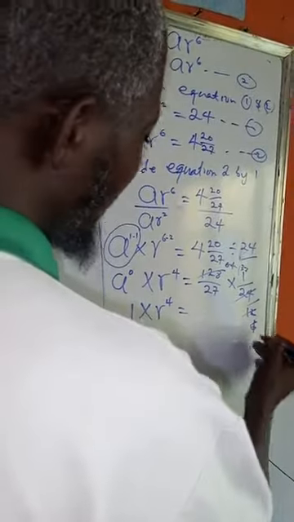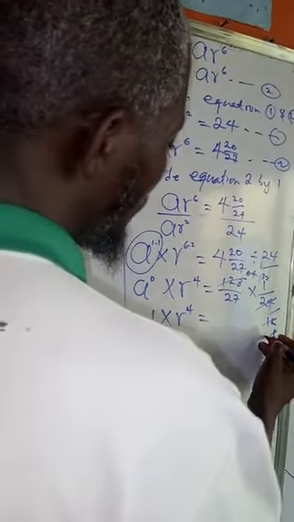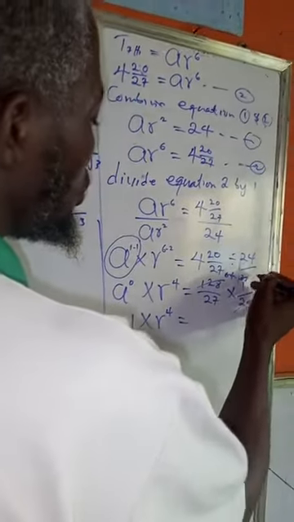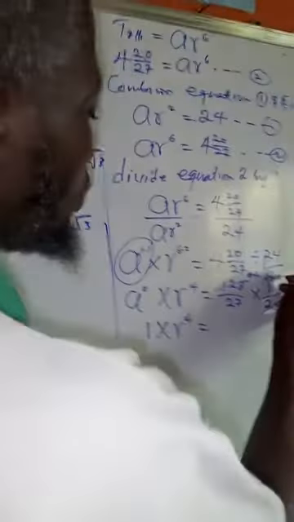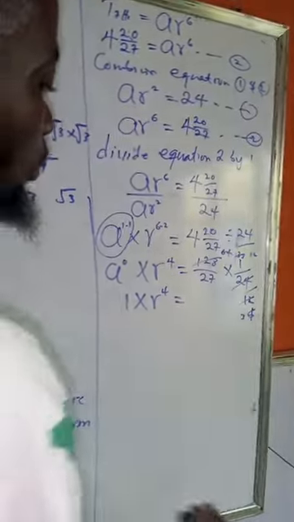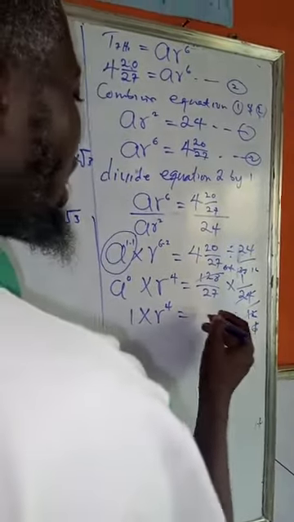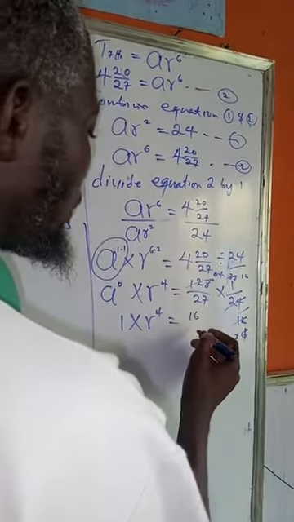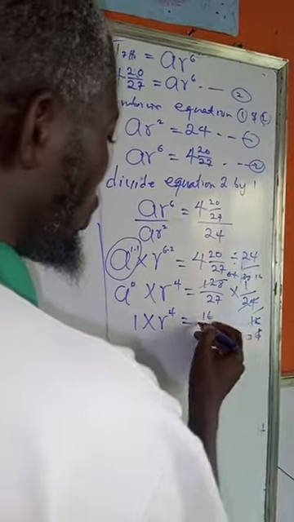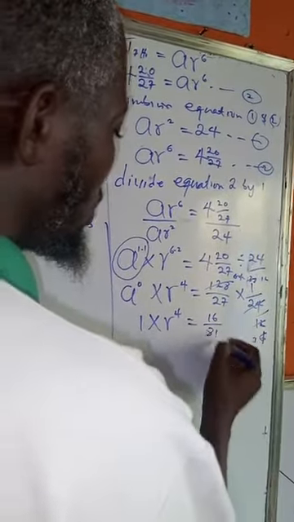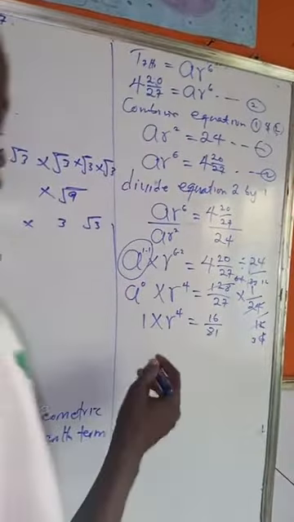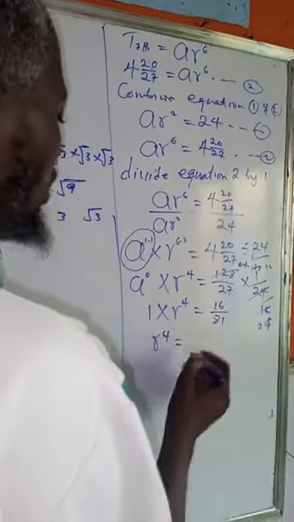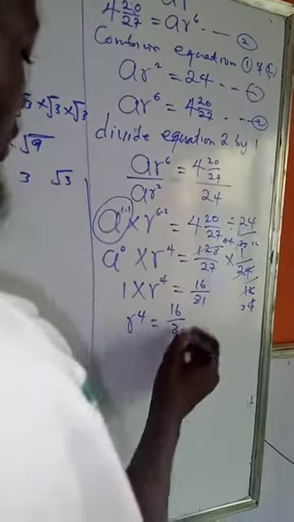Then 2, I think that is 3, 2, 1, 16. So I'll finally have 16 over, if I multiply this, 81. So it's going to be r raised to power 4 equals 16 over 81.